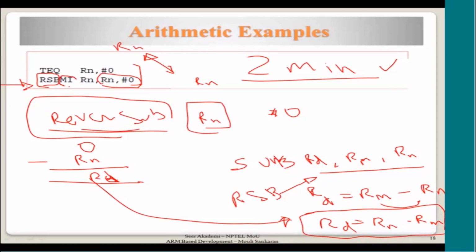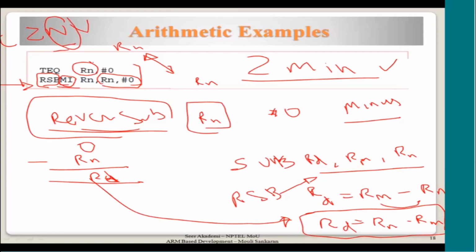If it happens to be MI, MI is what? Minus. What do I mean by minus? When the TEQ was done, which flags are affected? N, C, Z and V, our friends. So if N is set, that means the sign flag is set, then MI will be true.